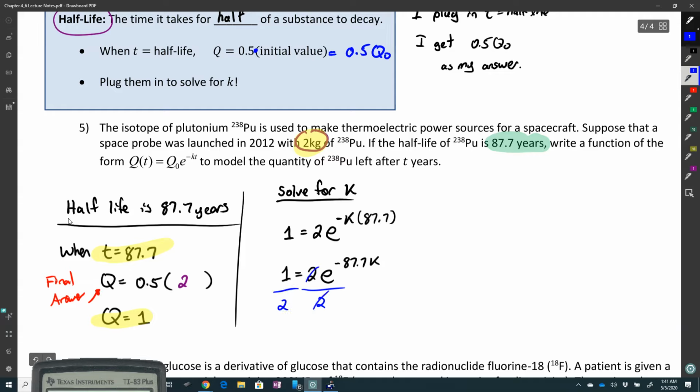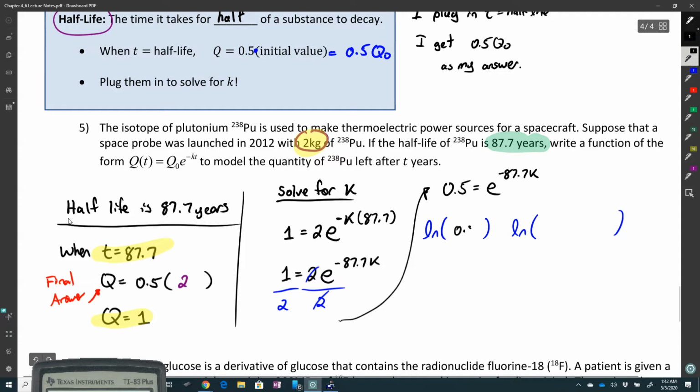You get, you guessed it, 1/2, and we have e to the negative 87.7 K. Natural log both sides. The ln and the e cancel out.